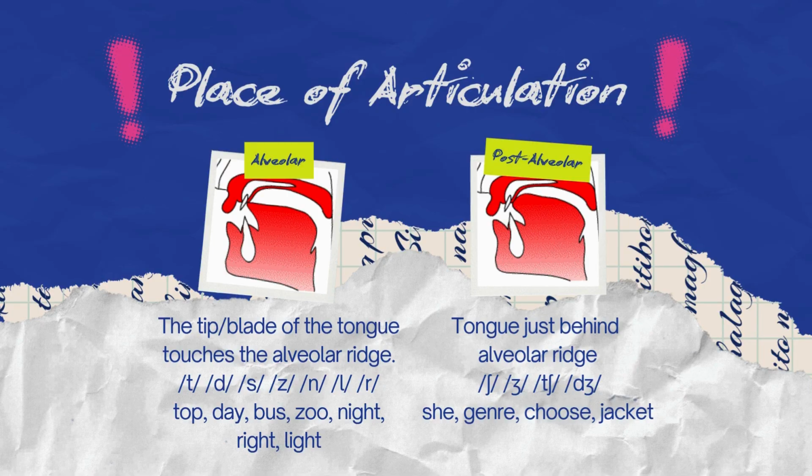The next one is post-alveolar, when the tongue is just behind the alveolar ridge. There are 4 consonants in post-alveolar, such as sh like "she", zh like "genre", ch like "choose", and j like "jacket".